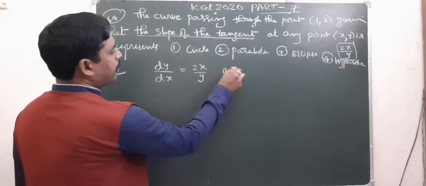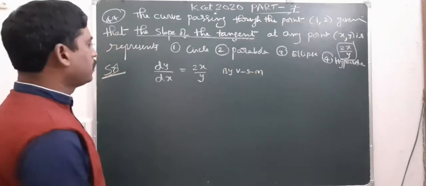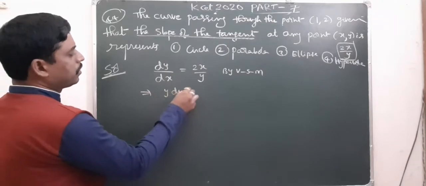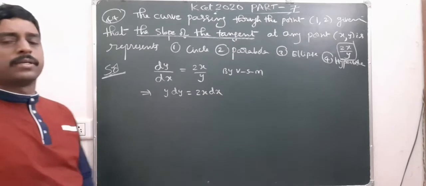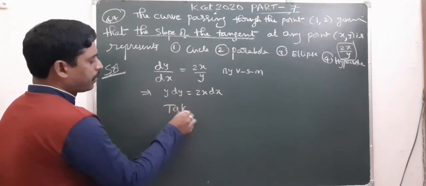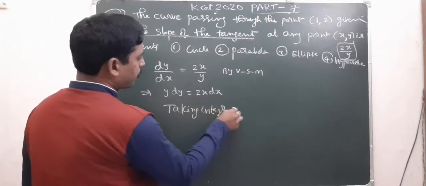So by using variable separable method, so let us do cross product. Y dy is equal to 2x dx. So what is the process? Taking integration on both sides.